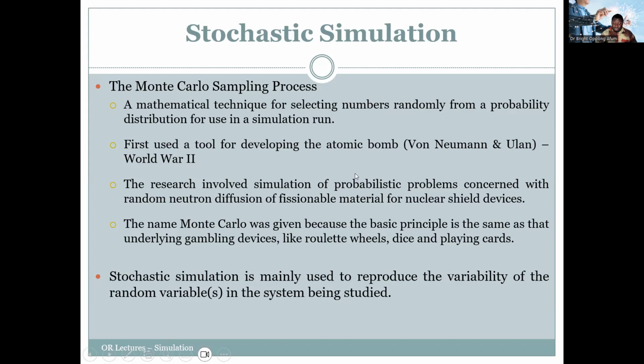So stochastic simulation is mainly used to reproduce the variability of random variables in a particular system. The system is noted to be randomly generated, so it has some variability. So stochastic simulation helps us reproduce the variability in the system. The process involves the use of what we call the random process generator.